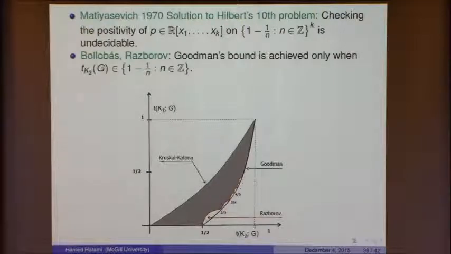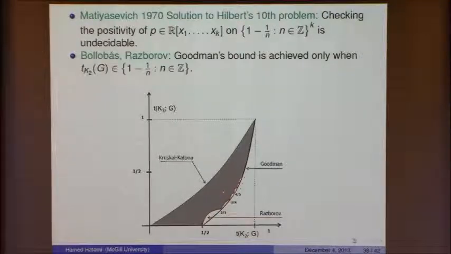The other ingredient is this new result of Razborov. Actually, Bollobás's older result would also suffice. Let me say what these results say. So this picture here completely describes the relation between edge density and triangle density in a graph G. The x-axis corresponds to edge density, the y-axis corresponds to triangle density.